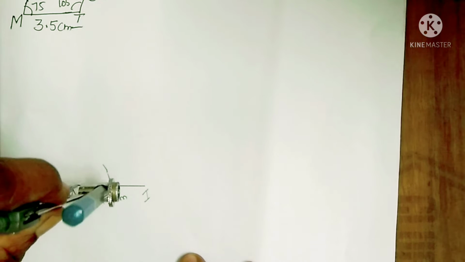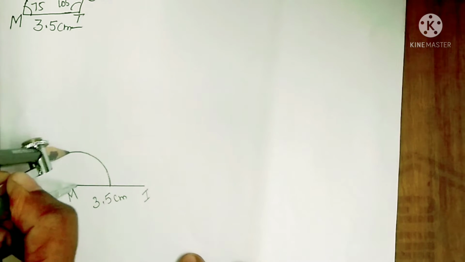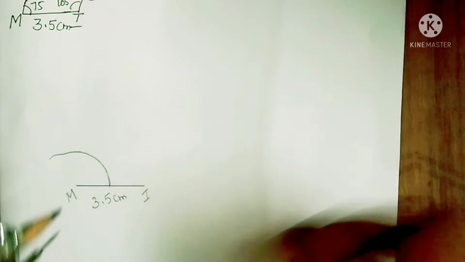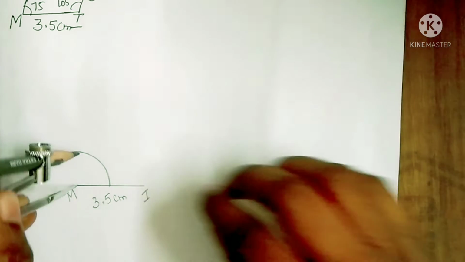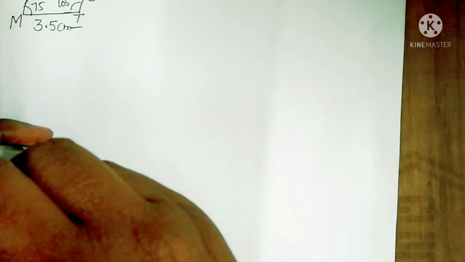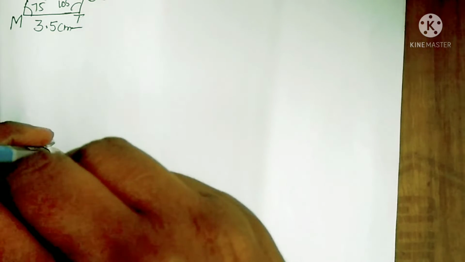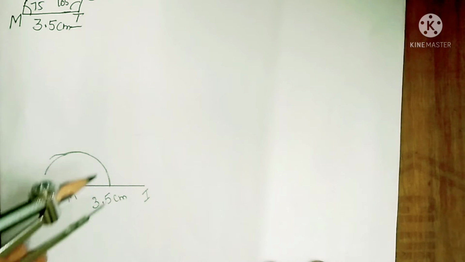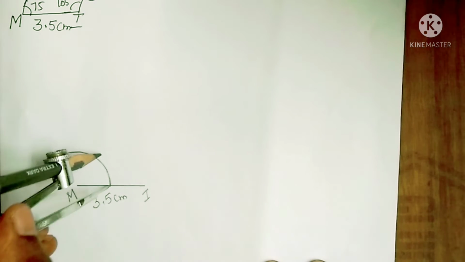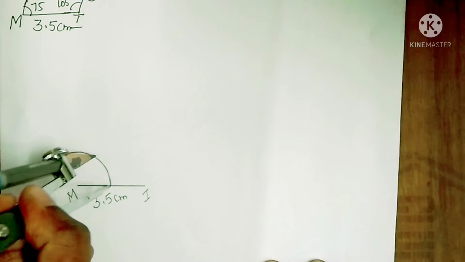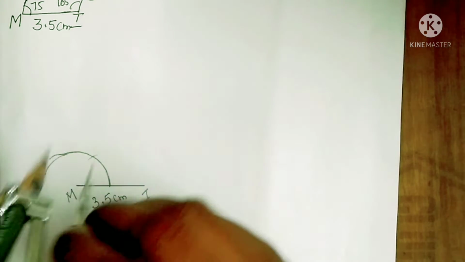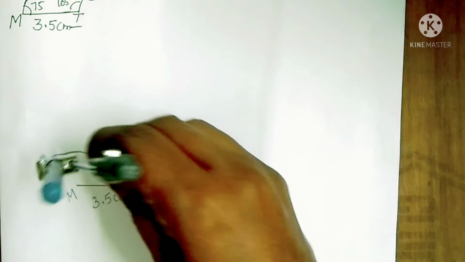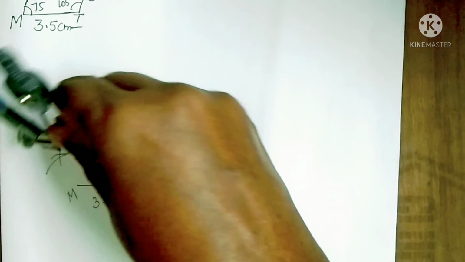See here, I am making an angle of 60 and 120 first. Here the compass should be held properly, otherwise it won't work. So first make 3.5, then once you make 60, again if you repeat the same distance you will get 120.